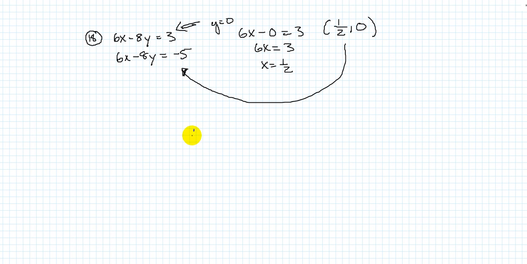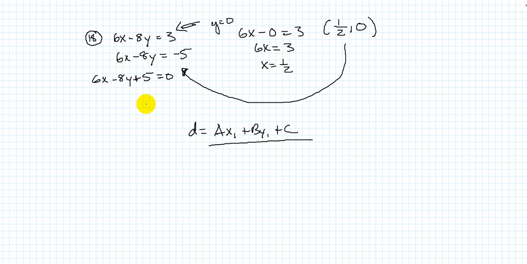And so distance will be equal to, let's go standard form, 6x minus 8y plus 5 equals 0. So c is plus 5, so I have a x1 plus b y1 plus c over, since it's positive, I would have that negative, square root of a squared plus b squared.